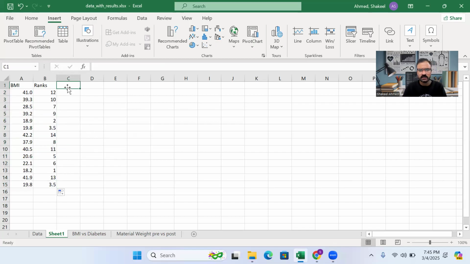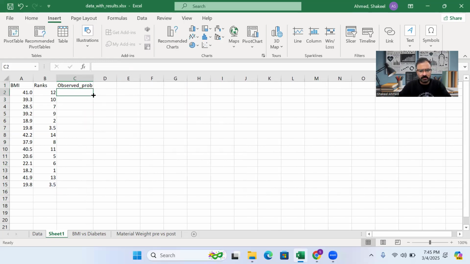Now we can find the cumulative probability corresponding to these ranks. These are called observed probabilities. You can write observed cumulative probability or just probability.